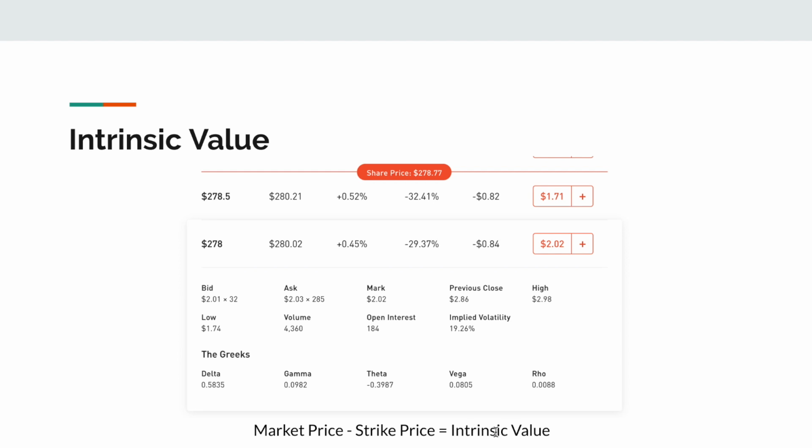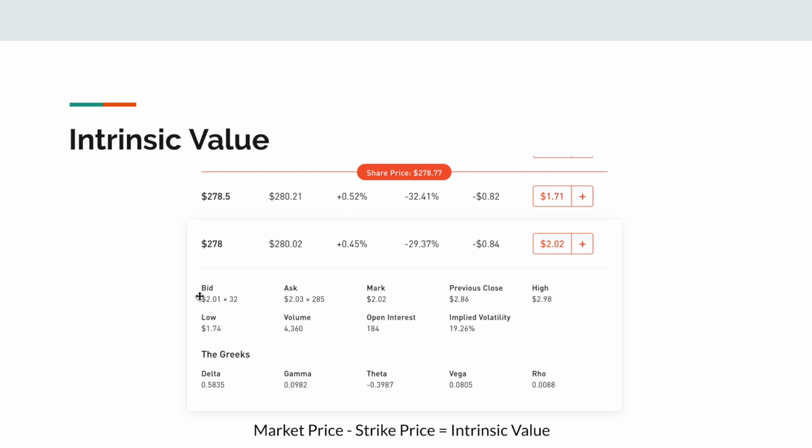If the option was to expire today and your strike price is 278, you would subtract the actual market price of the share, which is 278.77, minus 278, and it gives you 0.77, which will factor into the option's price. That is only if the option was to expire today.